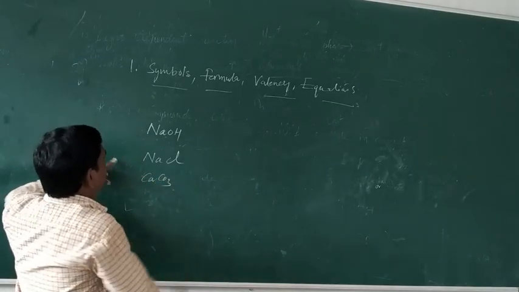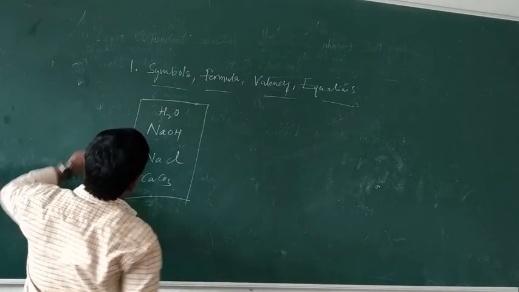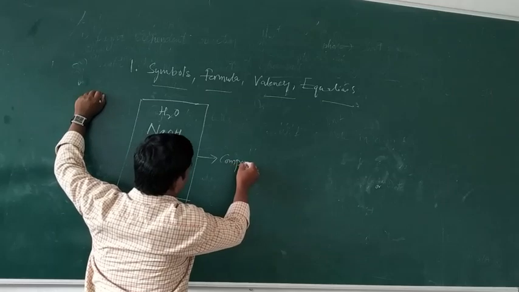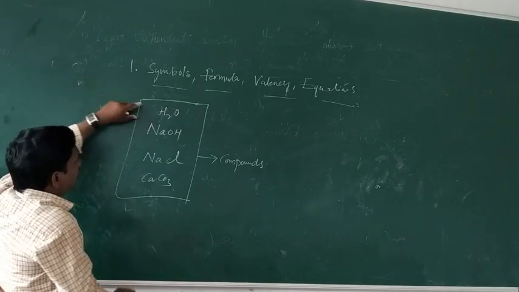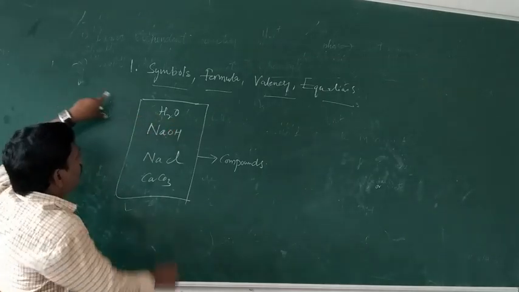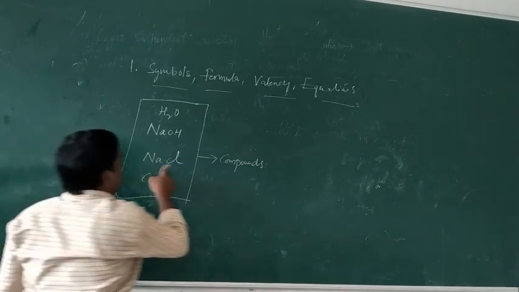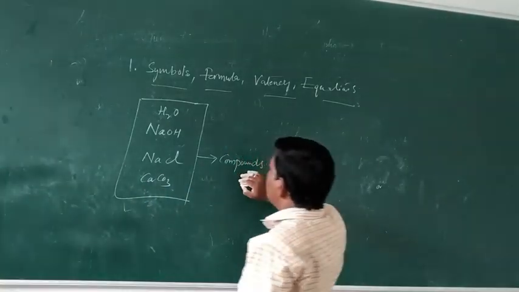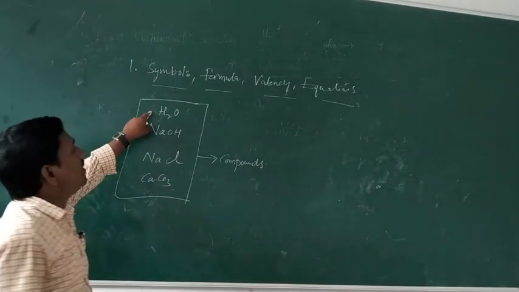These are the compounds, and H2O is also a compound. So these are some compounds. All these are one molecule of H2O compound, one molecule of NaOH compound, one molecule of NaCl compound, one molecule of CaCO3 compound. So the formula of the compound tells how many elements are there.